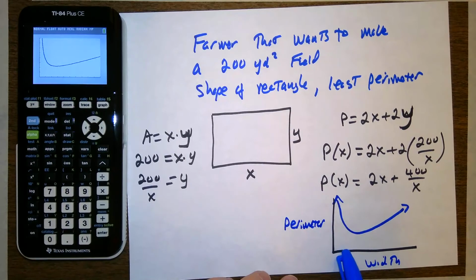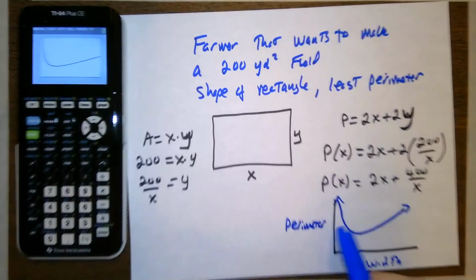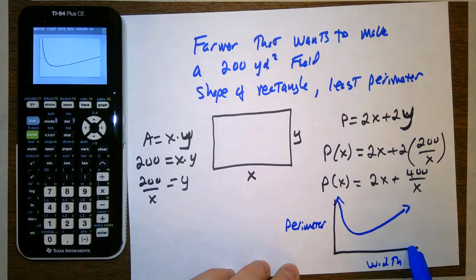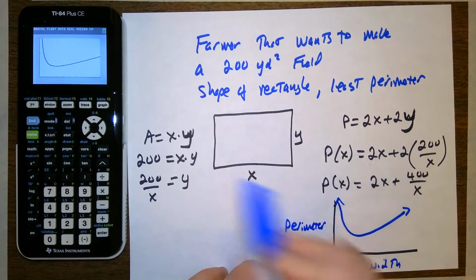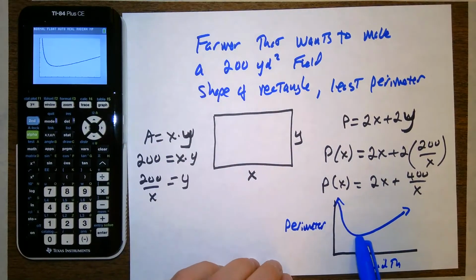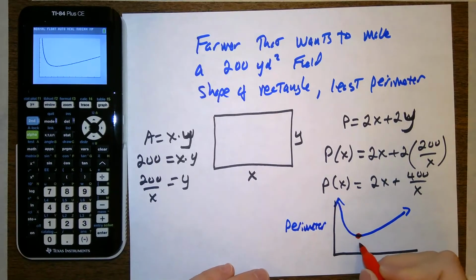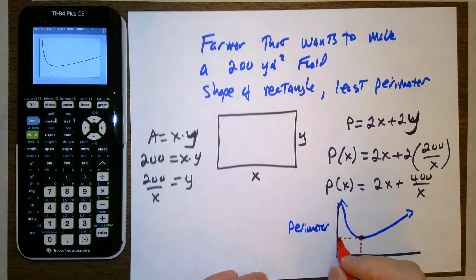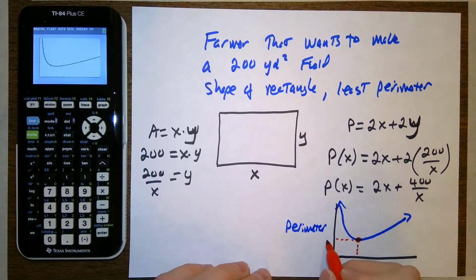As the width gets smaller and smaller, the length is getting longer and longer, so the perimeter gets bigger. And as the width gets bigger and bigger, the perimeter gets bigger and bigger. Here is my minimum value. We can see it on the graph here. That's what I'm going to need to find.